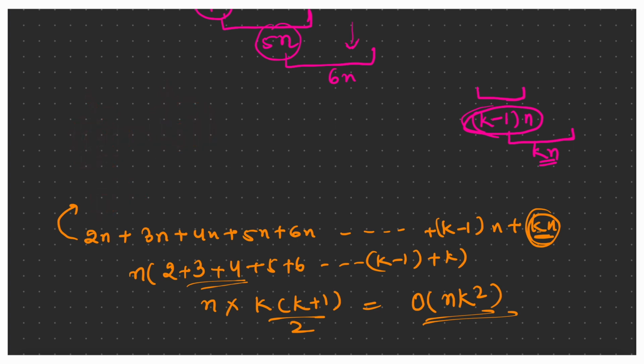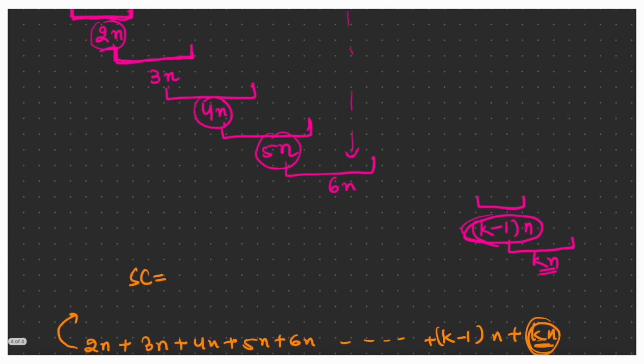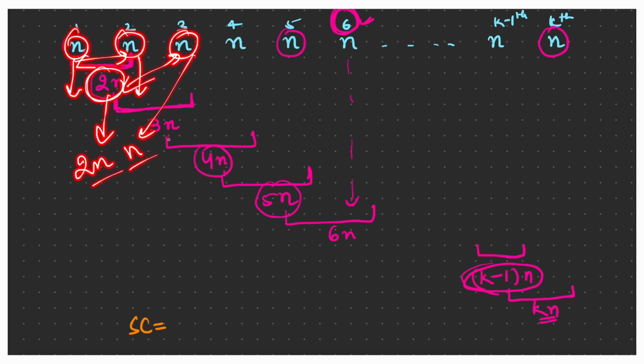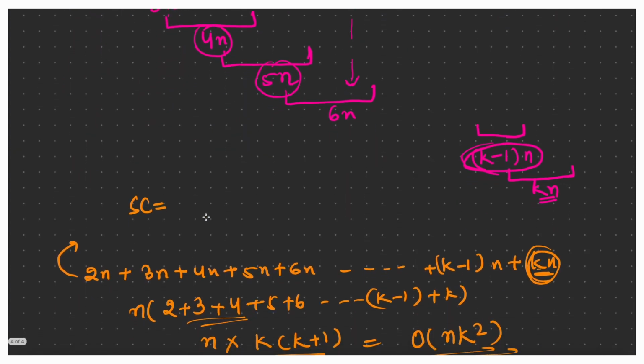So similarly in this approach also, when we are merging these two lists, we did not take any extra space. We took the same nodes from both the lists. Again we have this 2n, we merged it with n, we took the same nodes from both the lists, so we did not take any extra space. That means the space complexity for this approach is going to be O of 1.